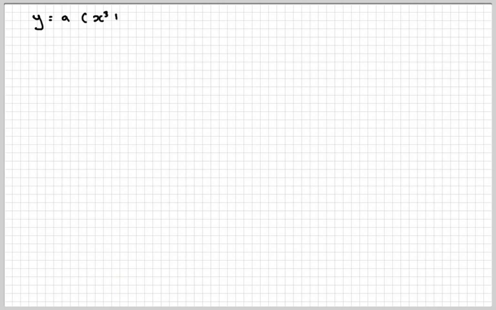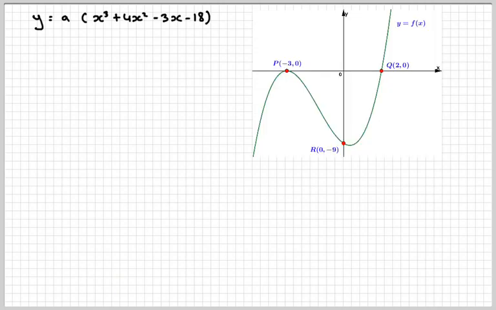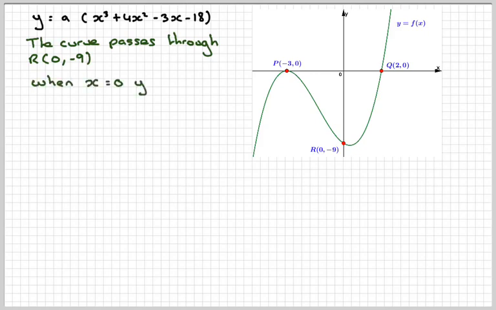So going over here, writing that out, we know the curve passes through this point (0, -9). So the curve passes through (r, 0, -9). So when x is 0, y is -9. So we can say that -9 is equal to a times 0 cubed plus 4 times 0 squared minus 3 times 0 minus 18.